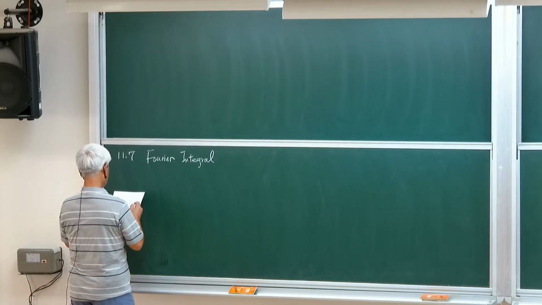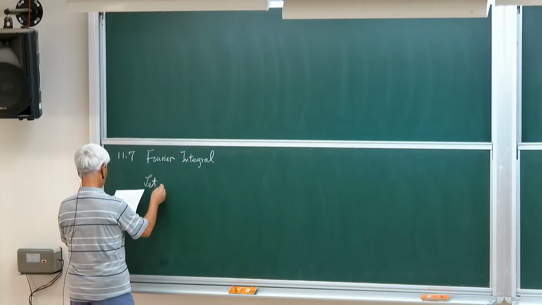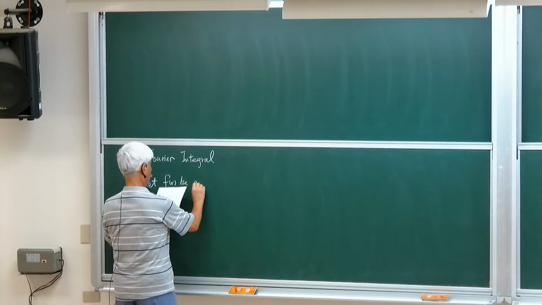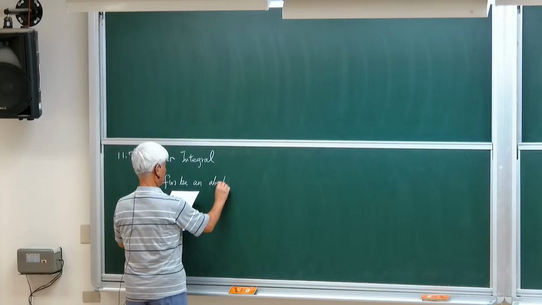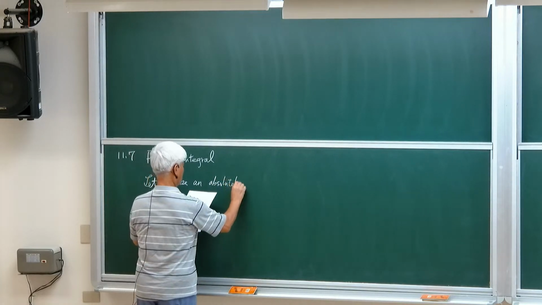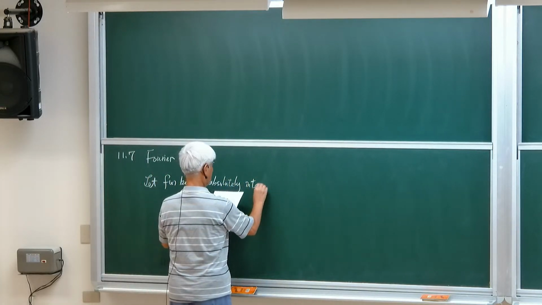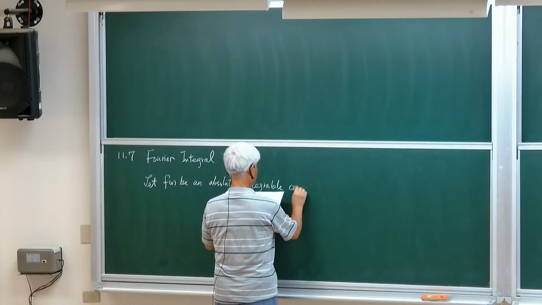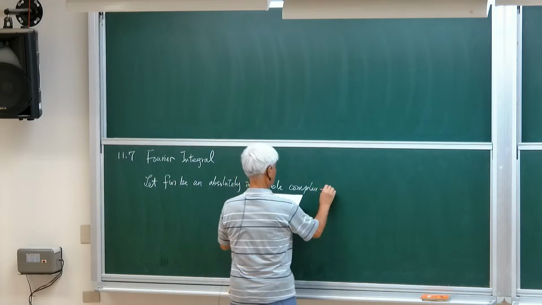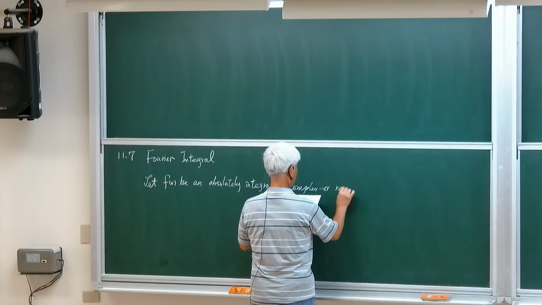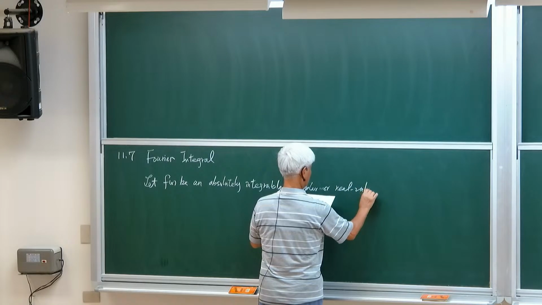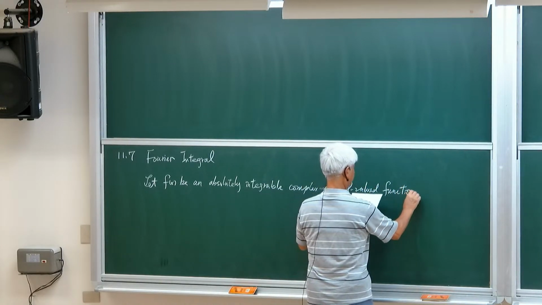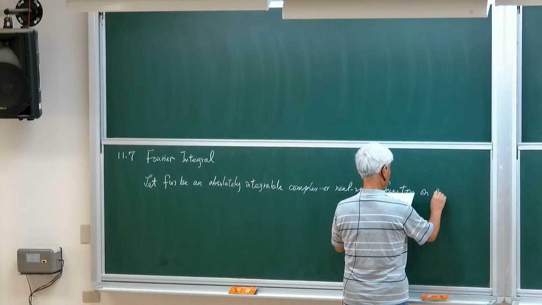All right. So first of all, we let f of x be an absolutely integrable, complex or real valued function, and defined on the whole real line.